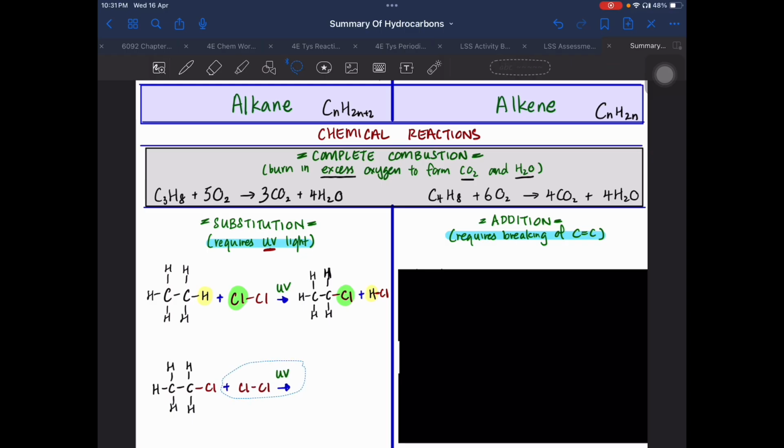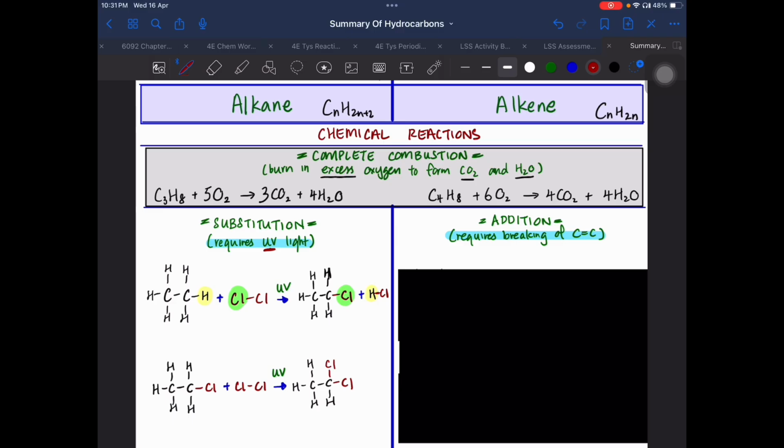Now, if you look at the second example over here, what if the structure already has a chlorine here, but is still considered a type of substitution reaction? You can only do 1-to-1 sub. This chlorine will now find another hydrogen, any of these, to do a substitution. So your product could look like this.